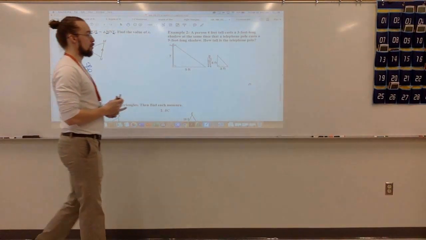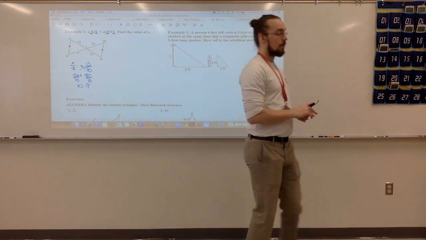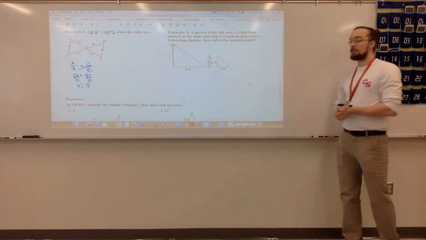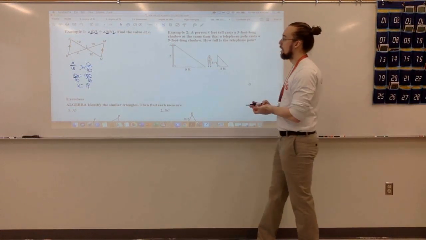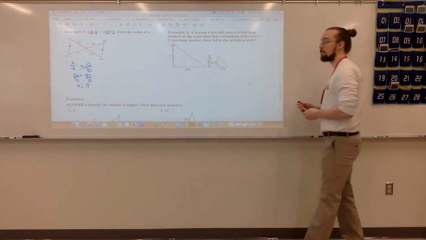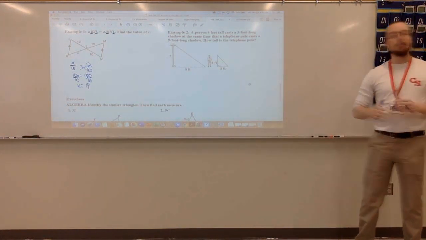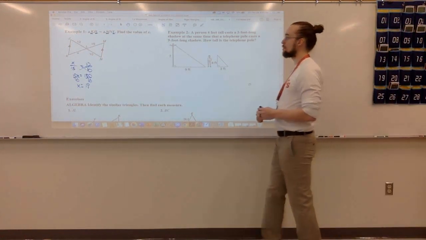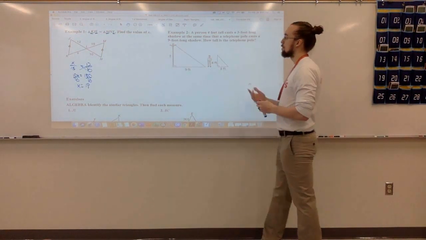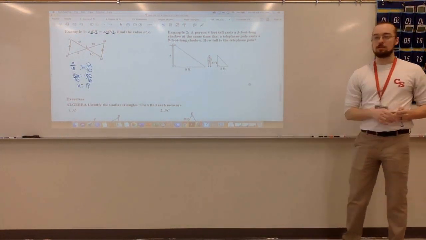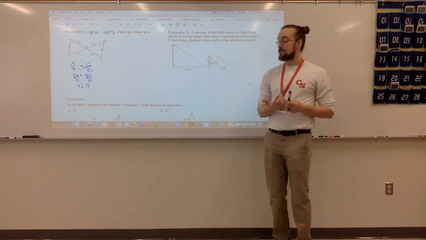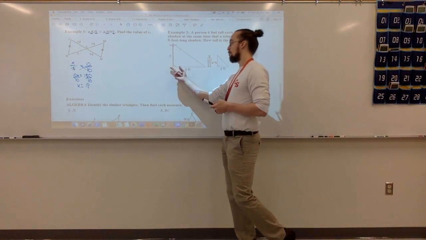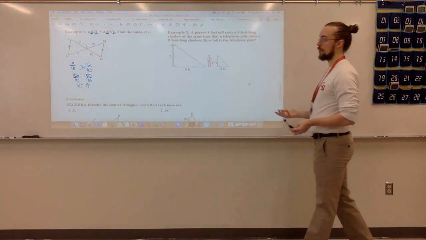Now, example 2 is the same type of problem, just in a word problem format. And this is actually one of the most practical applications of proportions. So we say a 4-foot tall person casts a 3-foot shadow. At the same time, the telephone pole is casting a 9-foot shadow.